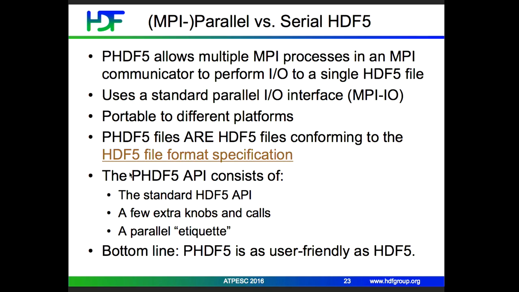To port the HDF5 library, you just need a C compiler, and that's an advantage if you want to port HDF5 to an embedded system or anything where you have a C compiler. You can compile the HDF library and create or read HDF5 files. For a parallel system, if you have MPI I/O, you are capable of using parallel HDF5 on that platform.